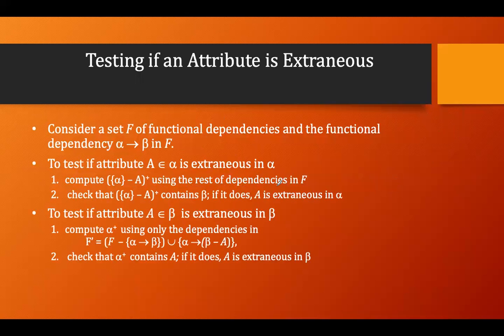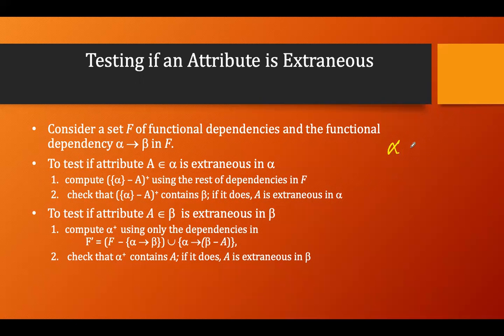So how will we find out any attribute which is extra? For that, this is a rule. Consider a set of functional dependencies, and the functional dependency alpha determines beta in F. To test if attribute A belonging to alpha is extraneous in alpha, what is it saying?